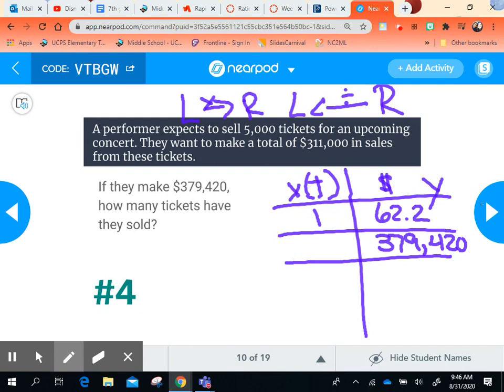Okay, so who's got the answer? You've got the answer. What? How many tickets? 16. 16?